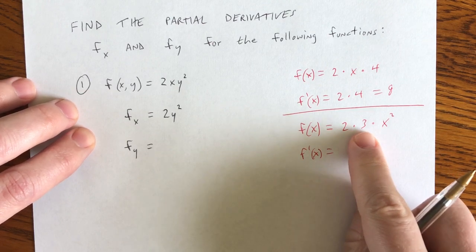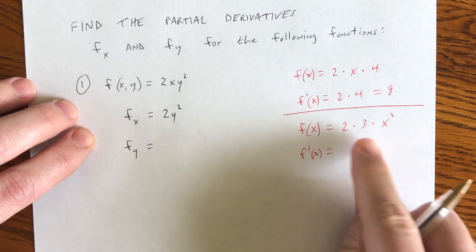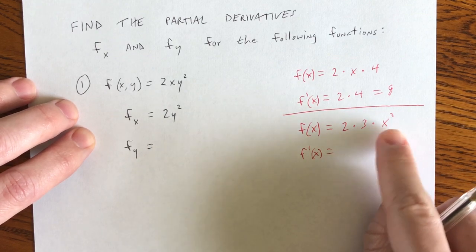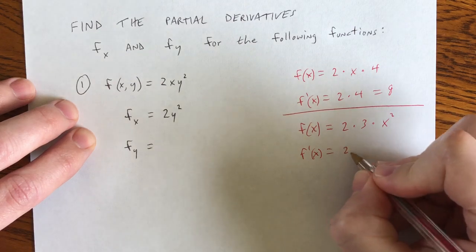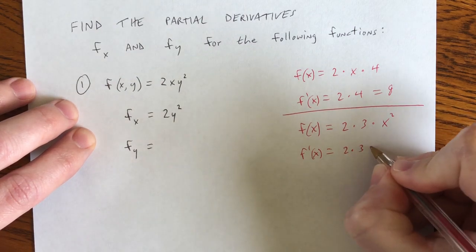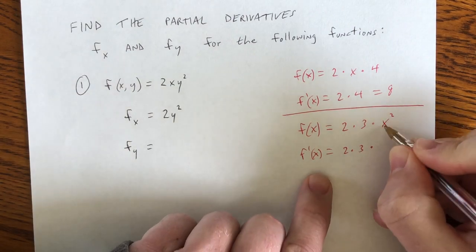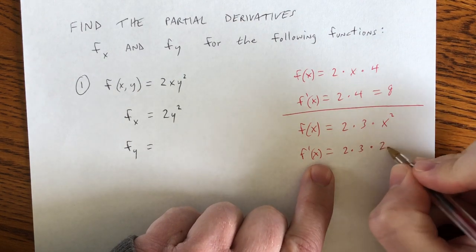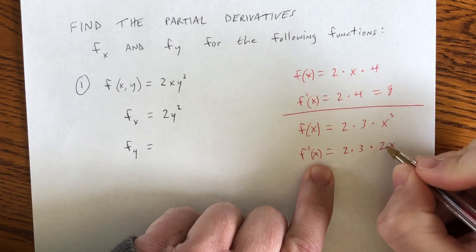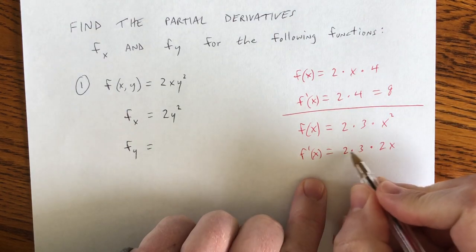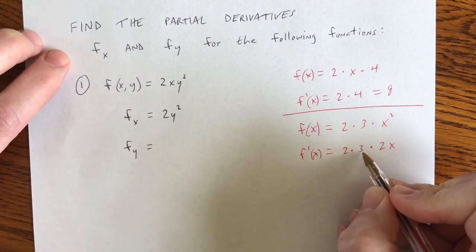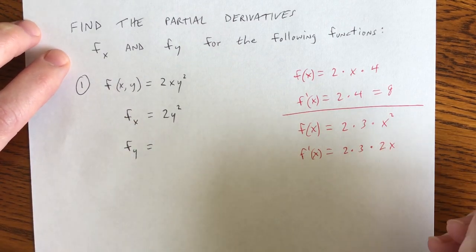If these constant values, if 6 or 2 times 3 is being multiplied by a variable, then you leave the constants in front when you're looking at the derivative, and all you're doing is differentiating the variable that you're differentiating with respect to. So in this case, the derivative of x squared will be 2x. And again, the biggest thing is leave the constants alone if they're being multiplied by a variable.